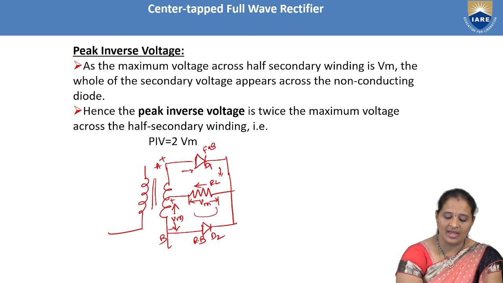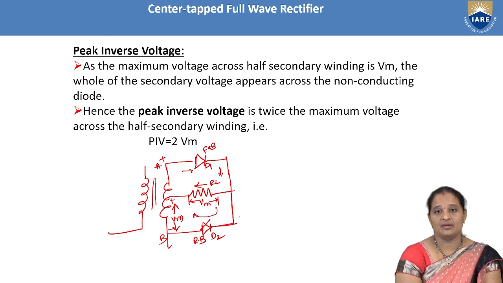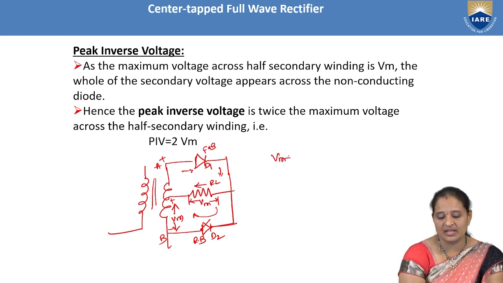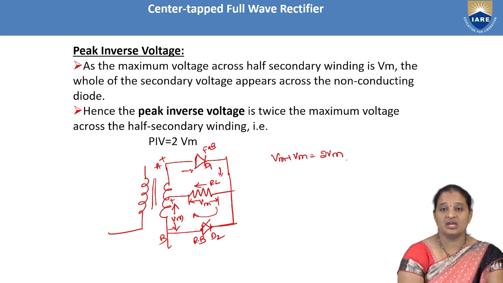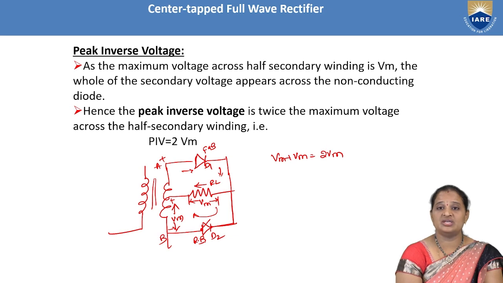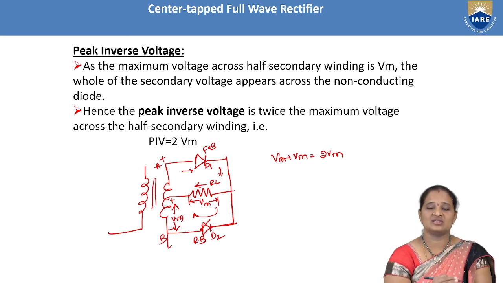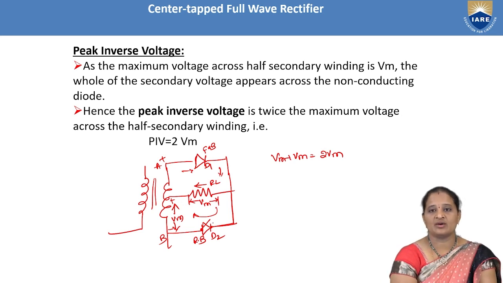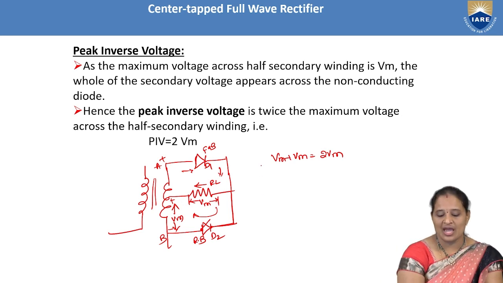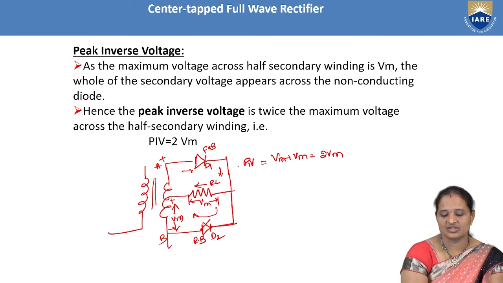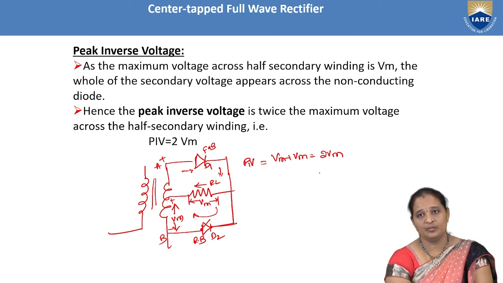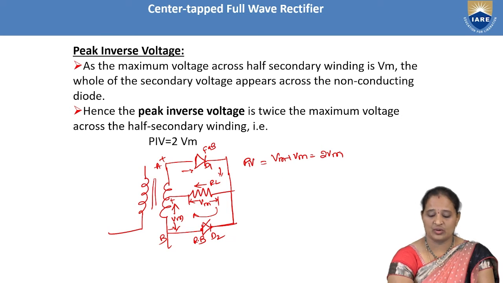As diode D2 is reverse biased and open circuited, if you apply KVL, the total voltage Vm plus Vm, which is equal to 2Vm, is going to be dropped across the open circuited diode. As it is open circuited, no current flows, and hence the total voltage drops across this reverse biased diode.